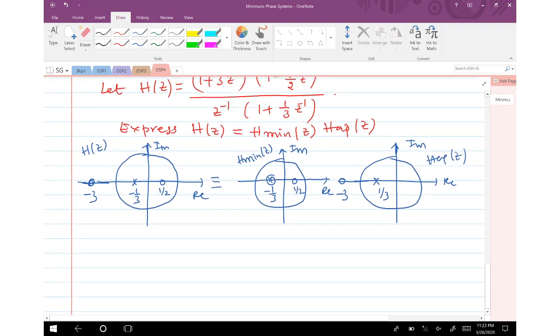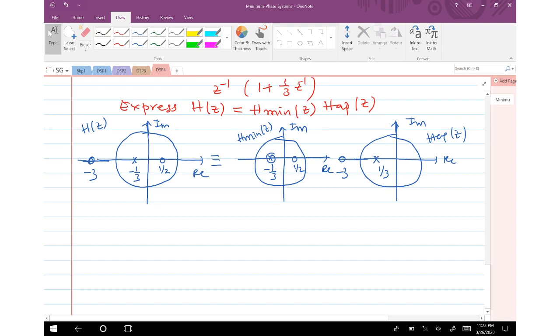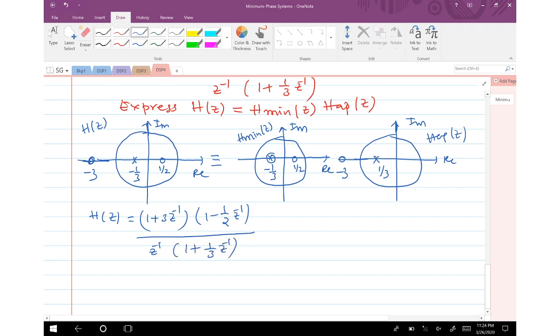Now let's try to get the mathematical expression for this. So what we had for, what is our H of z? It was 1 plus 3 times z inverse into 1 minus 1/2 z inverse over 1 minus z inverse into 1 plus 1/3 z inverse.